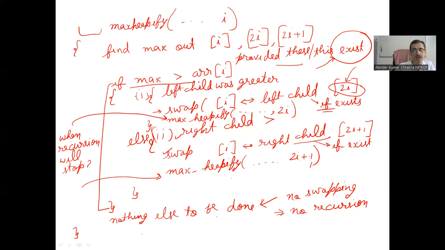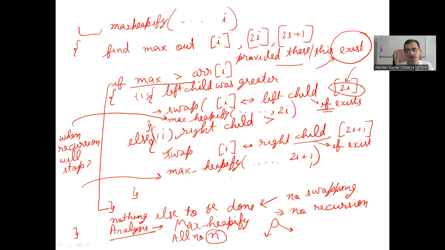Now, let's go for the analysis. Time analysis. For max heapify, I can easily see that either I go from the root to this side or this side, even if the root is of n nodes. Say you started from i as 1. i as 1 means you started from the root downwards.